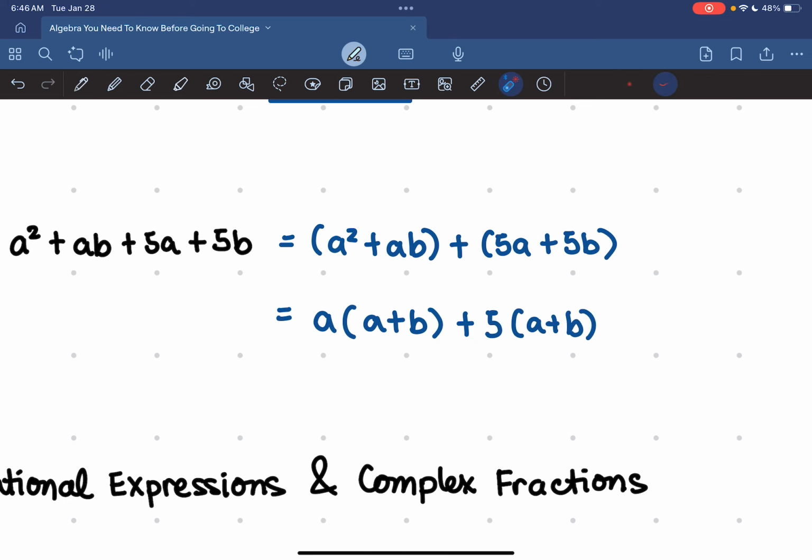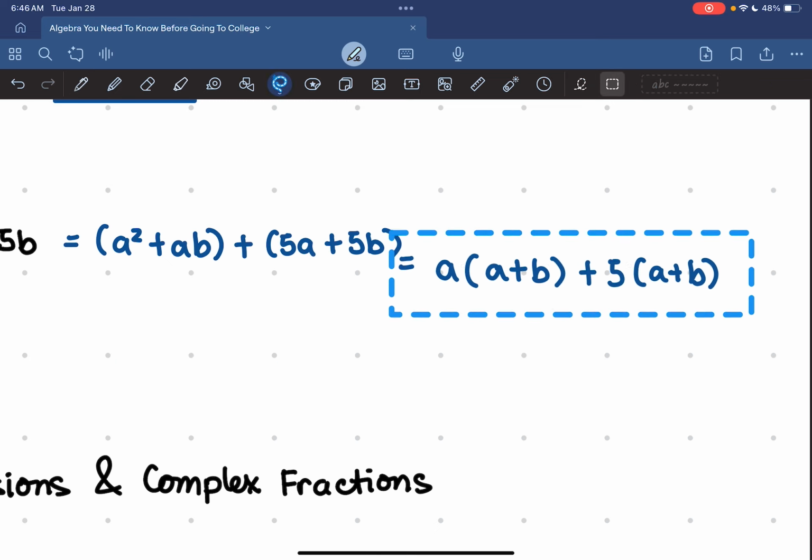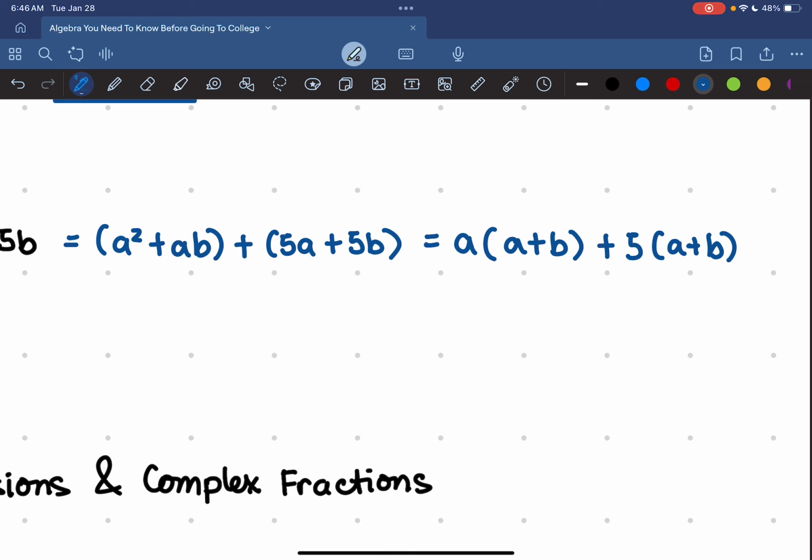Now here is where the trick comes in factoring by grouping. Take note that this one is a common factor in this binomial out here. A plus 5. We have a common factor of a plus b. So you can also factor that one out. Maybe I can put it here. So this one will become, if you factor out a plus b, we'll be left with a plus 5.